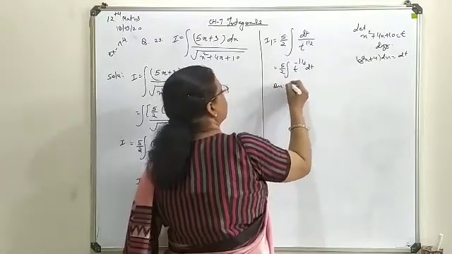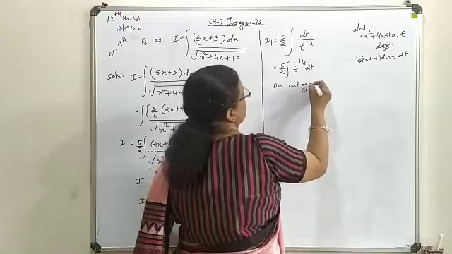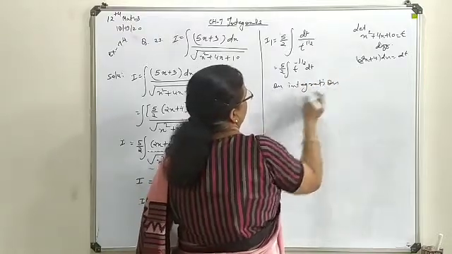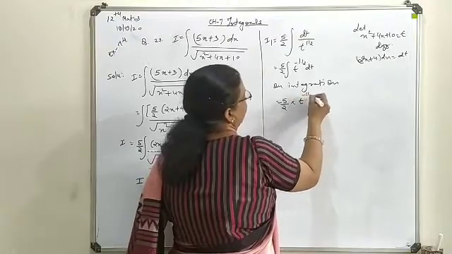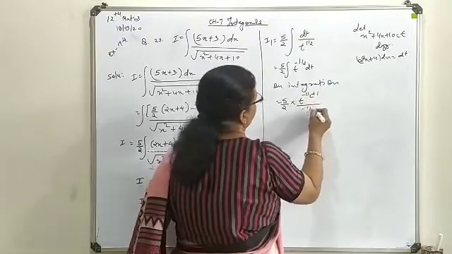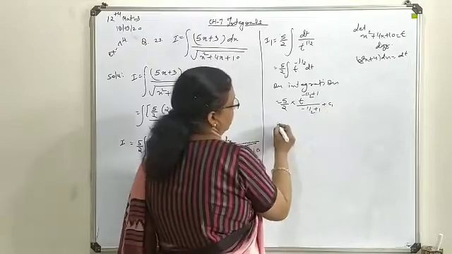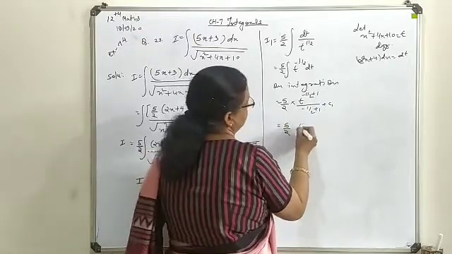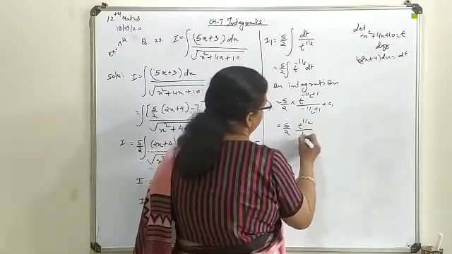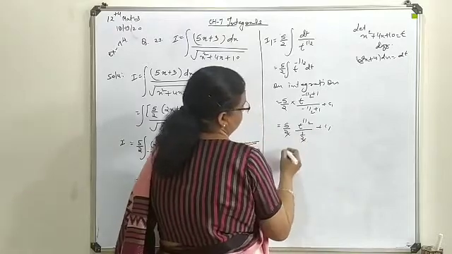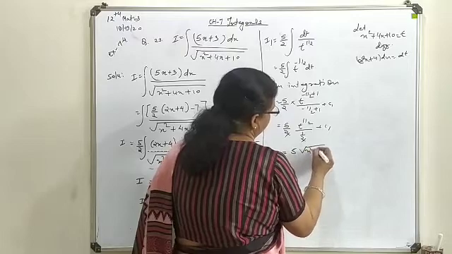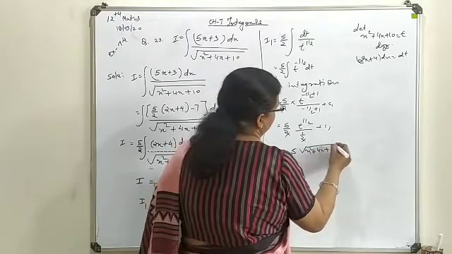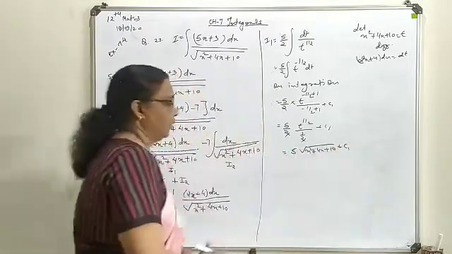Now on integration, this is 5 by 2 times t power minus half plus 1, upon minus half plus 1, plus a constant c1. This is 5 by 2 t power half, which is also 1 by 2, and this 2 will cut. So 5 under root x square plus 4x plus 10 you will have as the first answer.